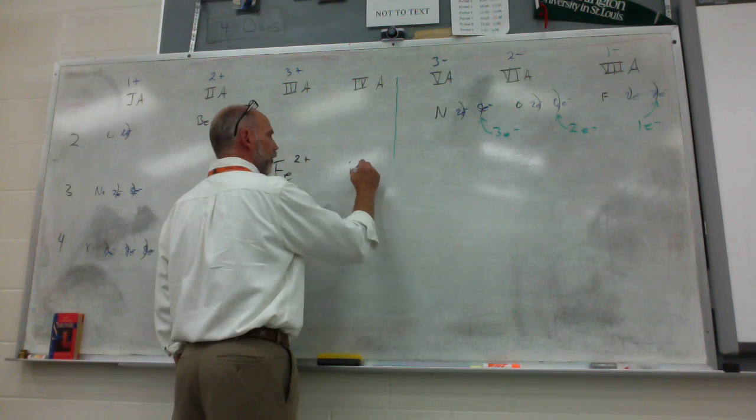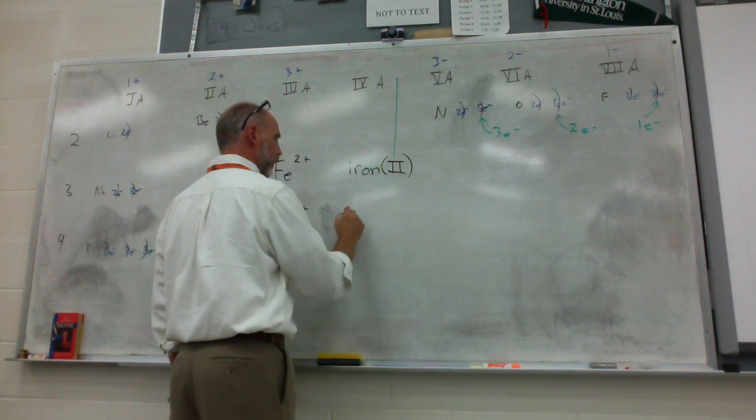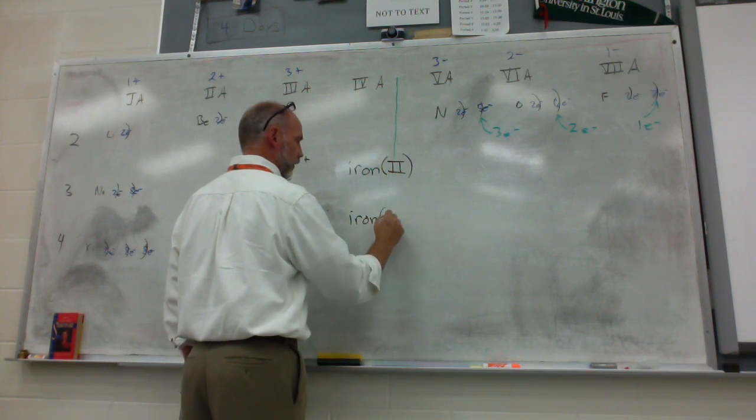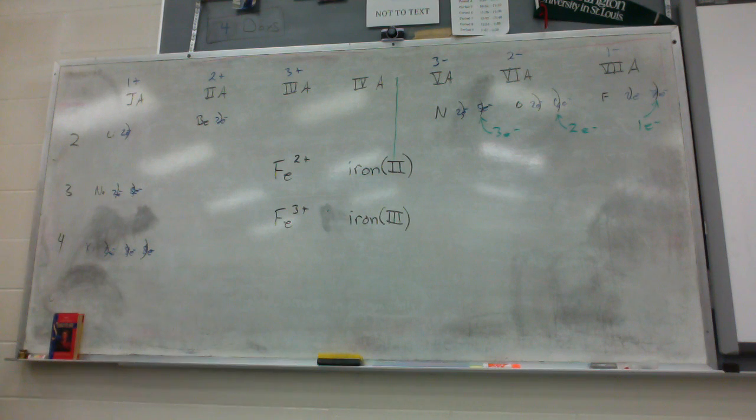This becomes iron 2, and this one becomes iron 3. So almost all of the transition metals I'm having you learn have more than one charge that they form. And so our names, when we talk about them, we're going to have to include Roman numerals to tell which charge it is. Does that make any sense?